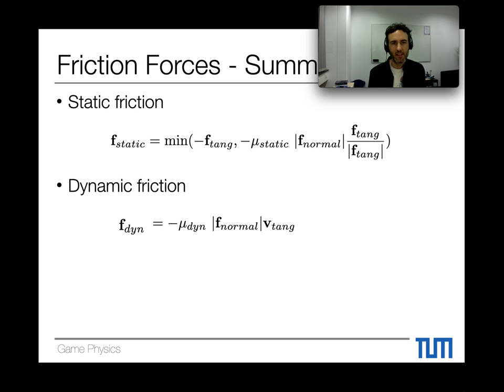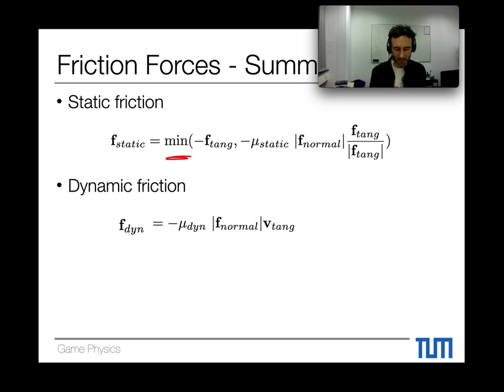The static friction is a bit less obvious at first sight, because what I gave you before was just this inequality for the force, and this is how you would actually compute it. Let me walk you through it quickly. So here we now distinguish.